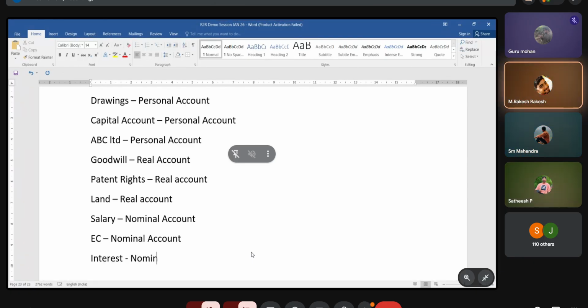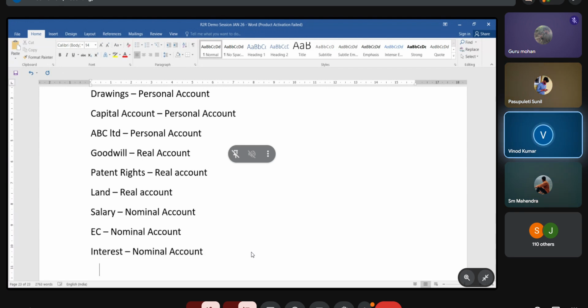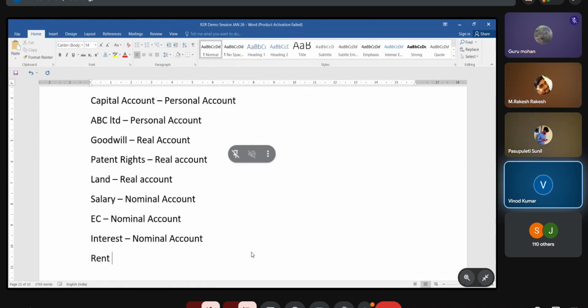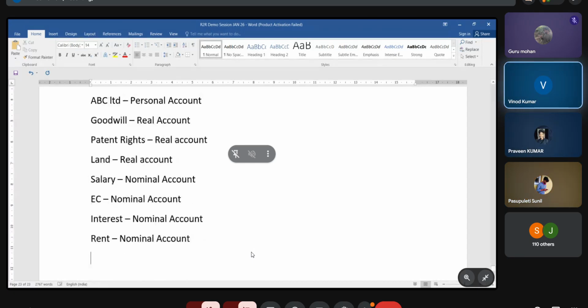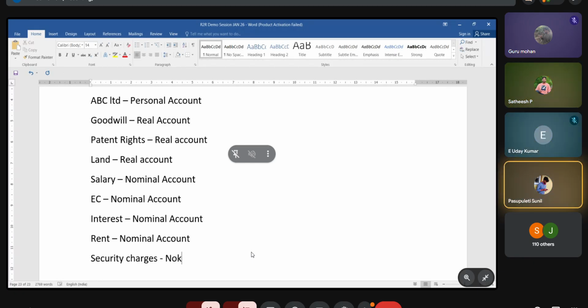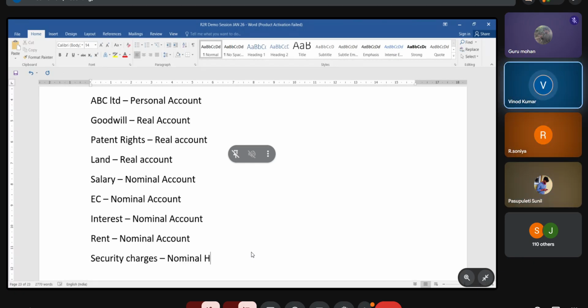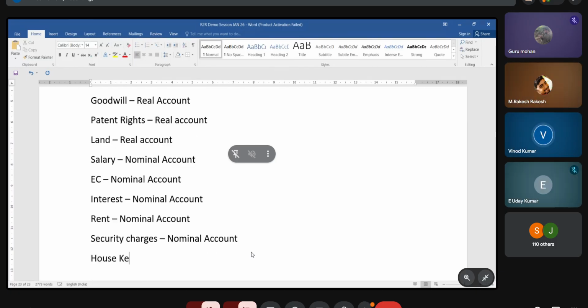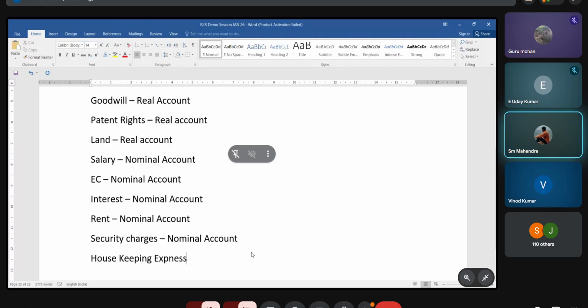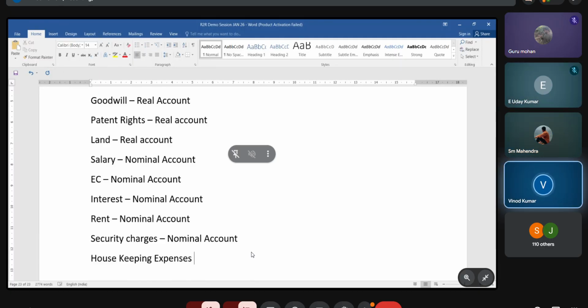Rent, nominal account. Security charges, nominal account. Housekeeping expenses, it's a nominal account.